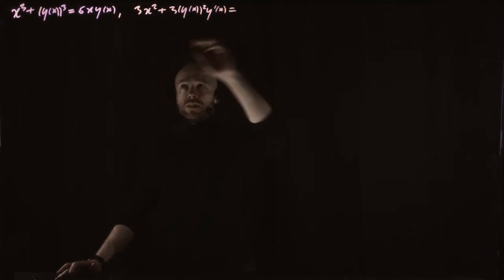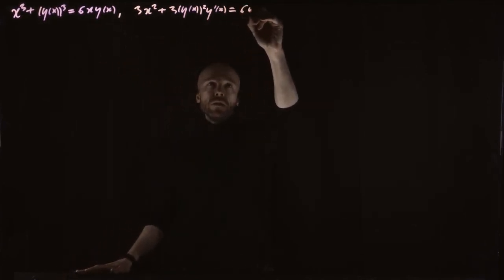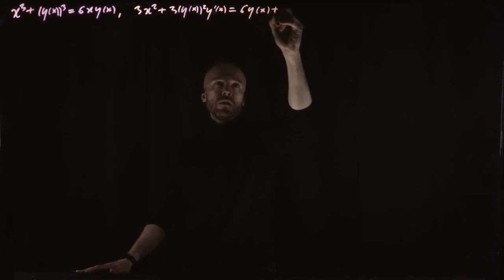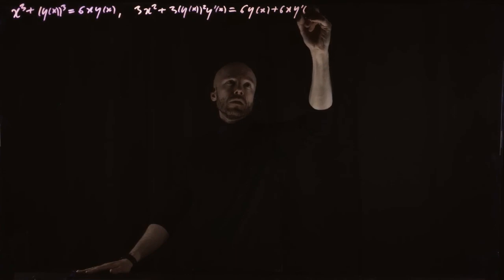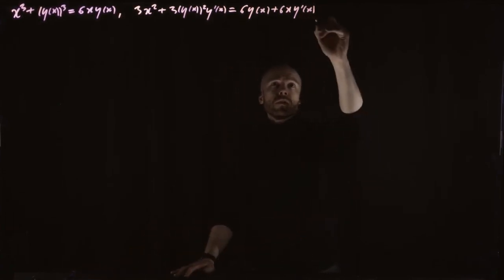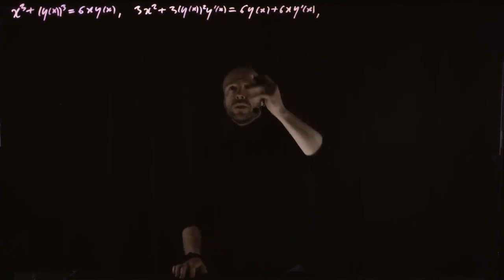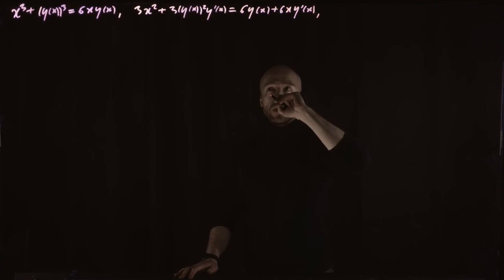And then differentiate this thing. It's the product rule. We're going to differentiate the first term, leave the second alone, plus leave the first alone, differentiate the second. And then we're going to solve for y prime. So we divide through by 3 straight away, and then put all the y primes on one side.